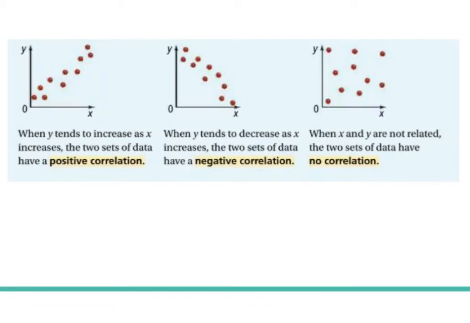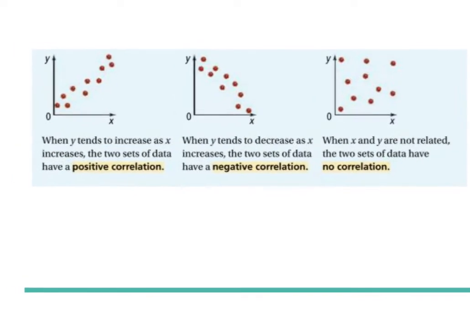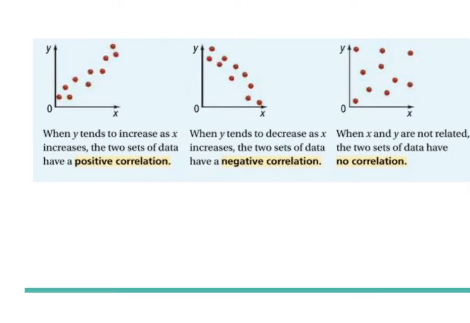First. All right, guys. What we call a positive correlation: when y tends to increase as x increases, the two sets of data have a positive correlation. Also underneath that, go ahead and write positive relationship, because we'll label it either way.